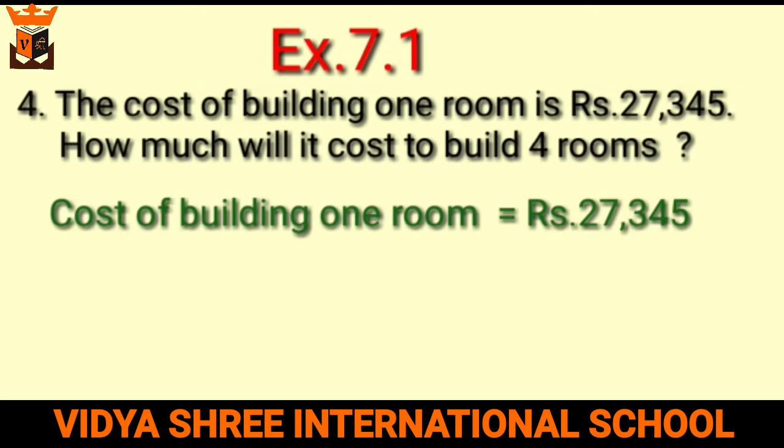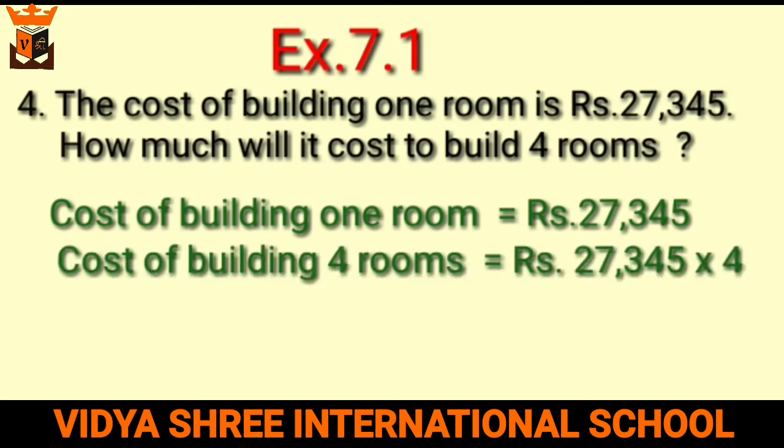Cost of building one room is equal to 27,345. For finding the cost of building the 4 rooms, you will multiply 27,345 by 4. So after multiplying, we get 1,09,380 is the cost of building the 4 rooms.